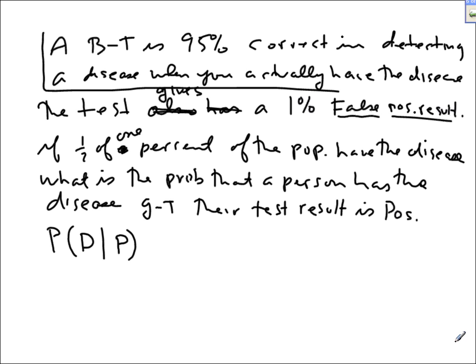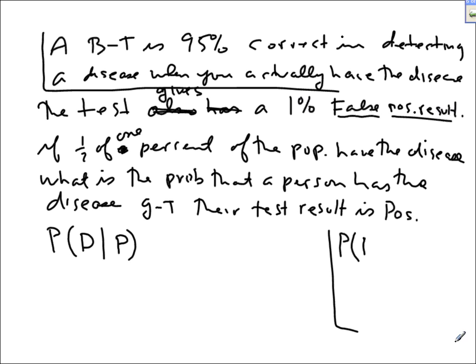A blood test is 95% in detecting a disease when you actually have it. The probability of detecting the disease given that you have it.